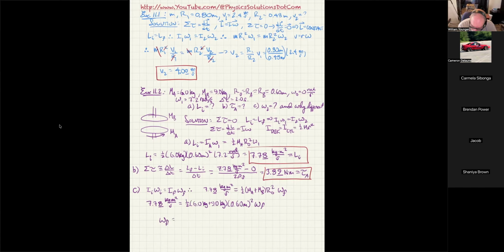So I'm going to take 7.78 kilograms meters squared per second as the numerator, and then I'm going to take 0.5 times (6 plus 9) times 0.6 squared, and that gives me 2.70 as the coefficient of omega f, with units of kilograms meter squared.